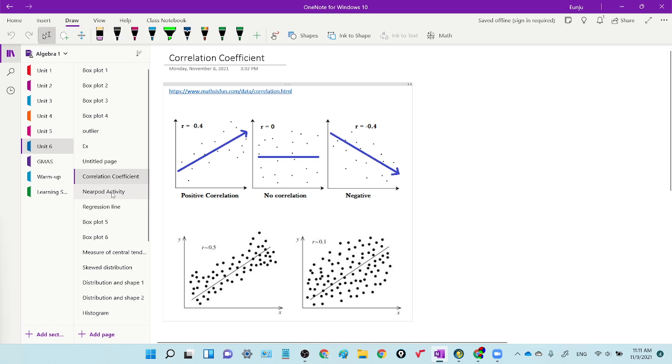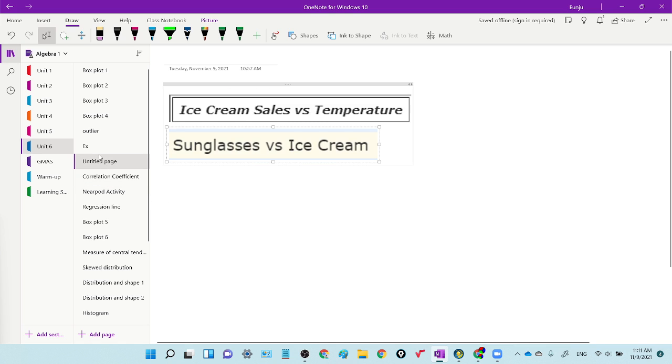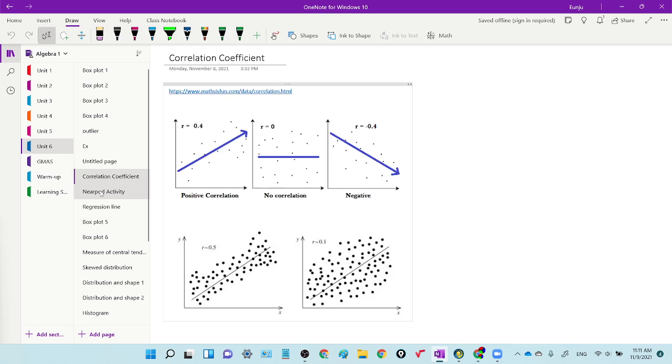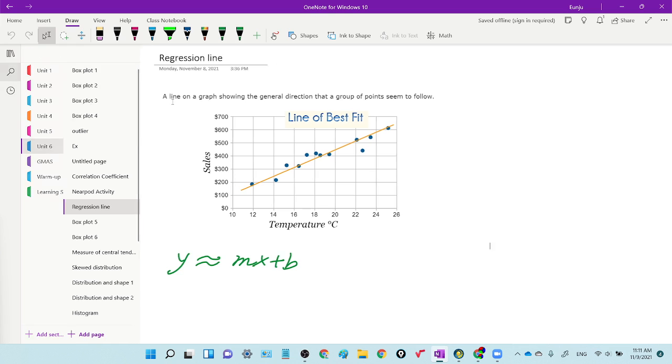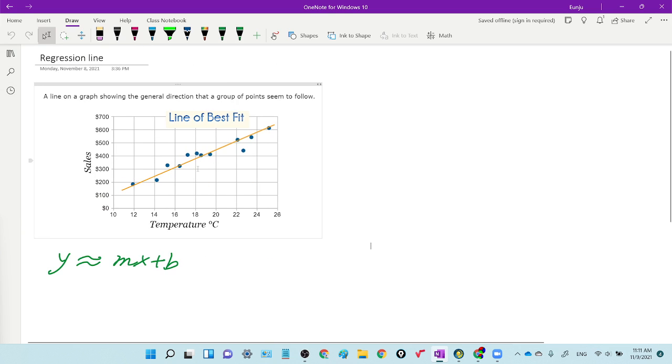So let's see, I have another page. Here I have scatter plots, and then I can put a line on it, and that's called the line of best fit. And we are going to use technology to find the equation of the line.